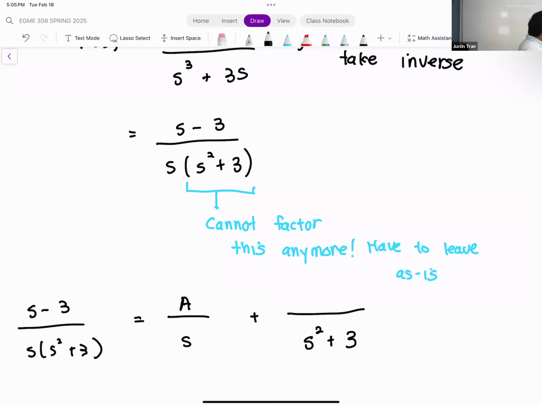But because that denominator has a power of s that's greater than 1, and it's not a repeat, right? I think this case compared to the previous example, people get confused a lot.